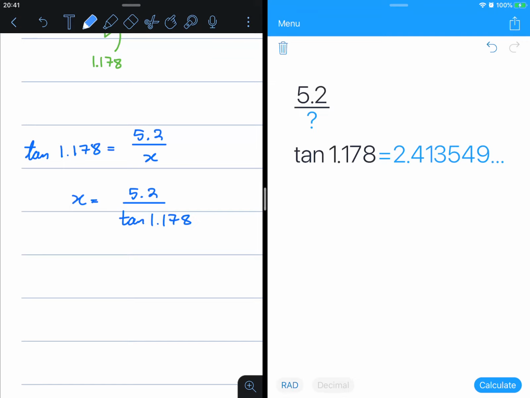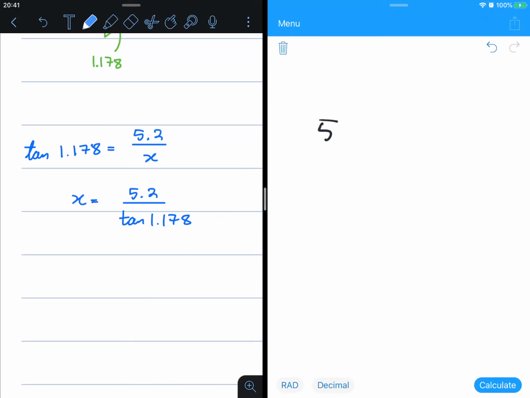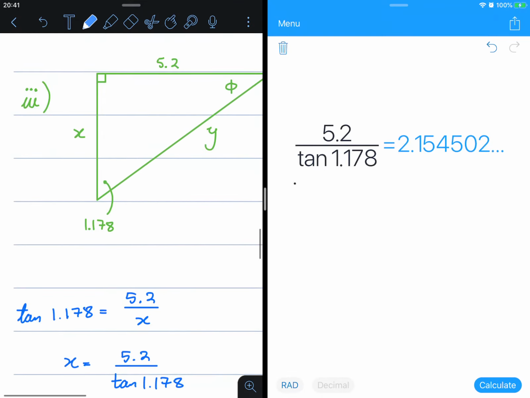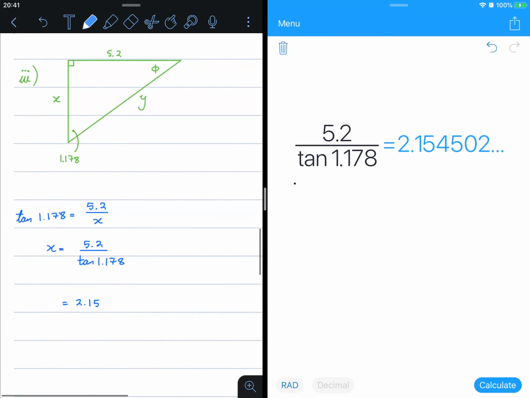Why is that not working? One more time: 5.2 over tan 1.178. There we go. x is equal to 2.15 centimeters or meters or whatever it might be.